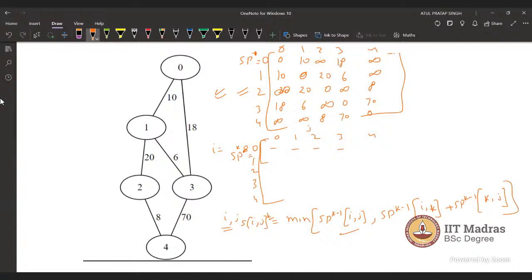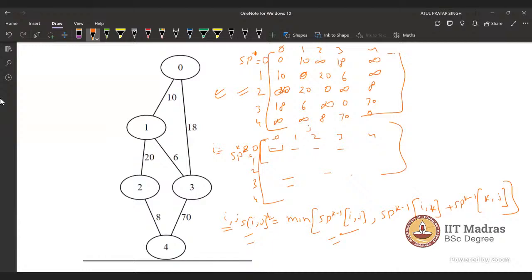Whichever is smaller, we update in the new matrix. For example, for this position, i is 0, j is 0, and k is 0 for the complete matrix. We apply this formula and fill all the values in this matrix.